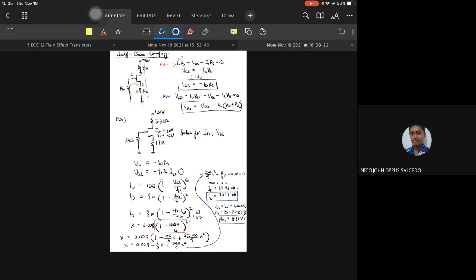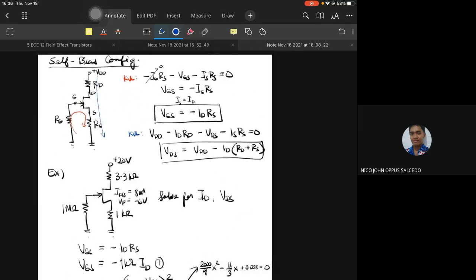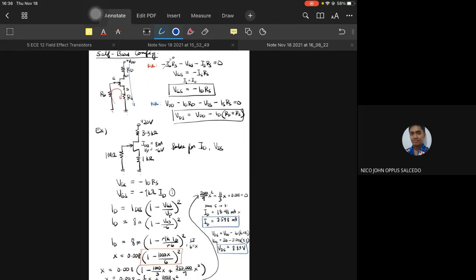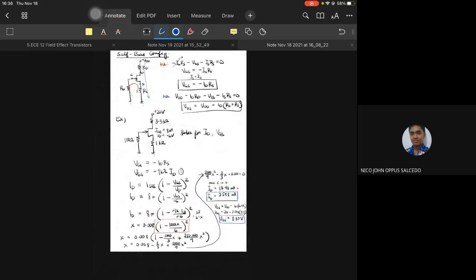Convenient gyapon if you have a printed nga copy para anytime pwede na ninyo magkuha kung wala mo textbook. Pero if naa mo textbook, pwede na nyo mo-open sa katong part sa book. Okay? Sige. No more questions? Is everything so far understandable na ba?